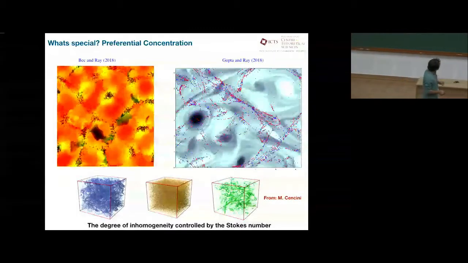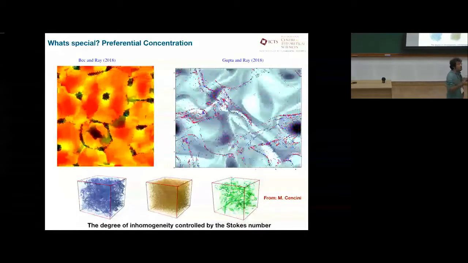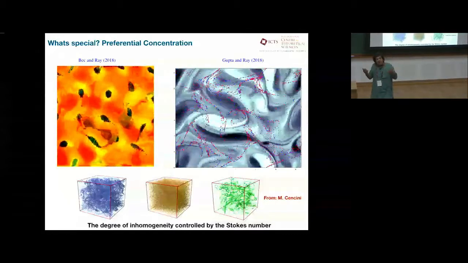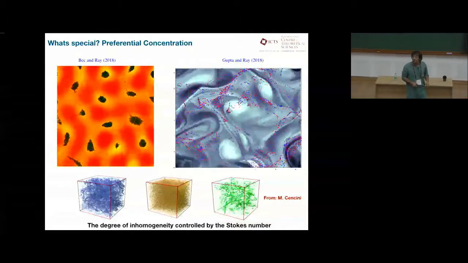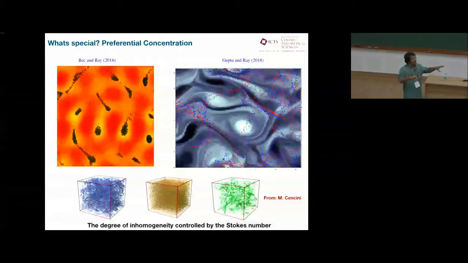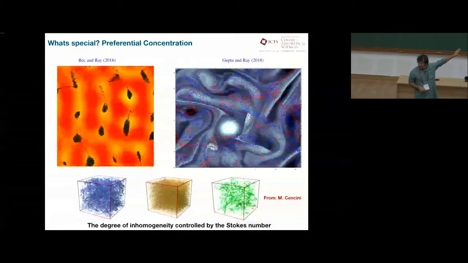So these guys tend to segregate. If you want a mechanical way of understanding this, often these vortical regions centrifuge these heavy particles out and they don't follow the full phase space of the flow completely.